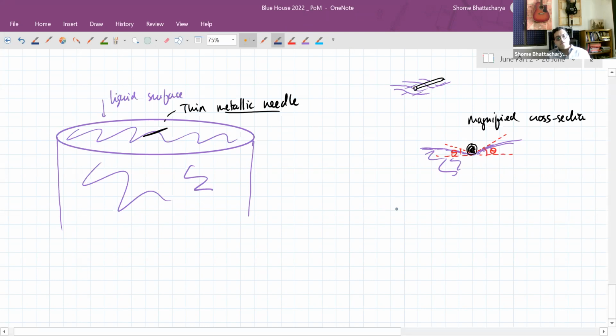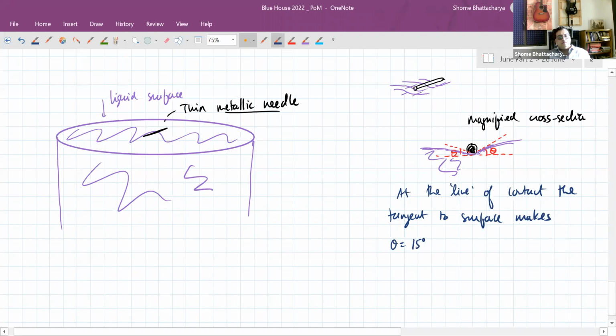So at the line of contact, the tangent to the surface makes theta equal to, let's say, 15 degrees, or let's make it smaller, 7.5 degrees with respect to the horizontal.